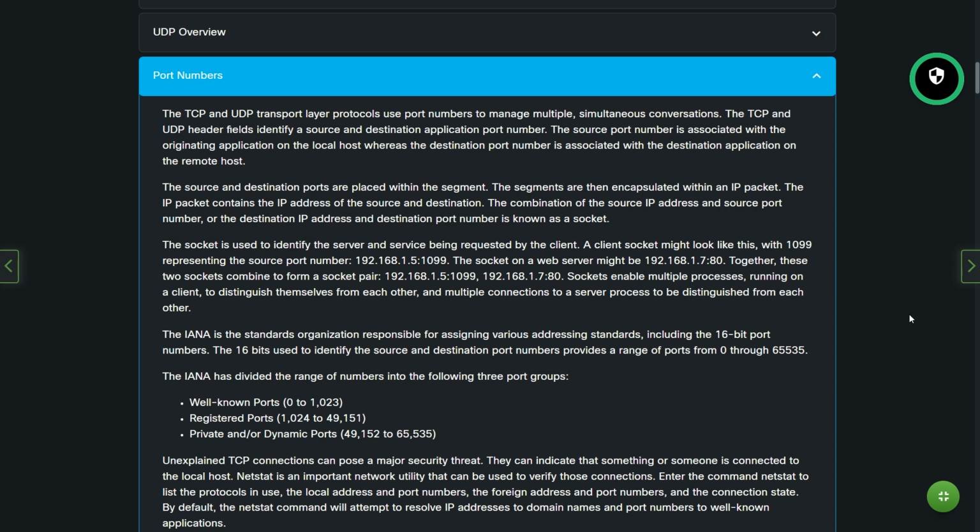The socket on a web server might be 192.178.1.7::80. Together, these two sockets combine to form a socket pair. In this form, sockets enable multiple processes running on a client to distinguish themselves from each other, and multiple connections to a server process to be distinguished from each other.